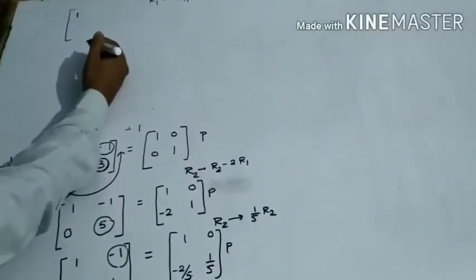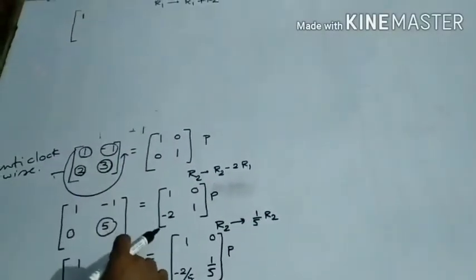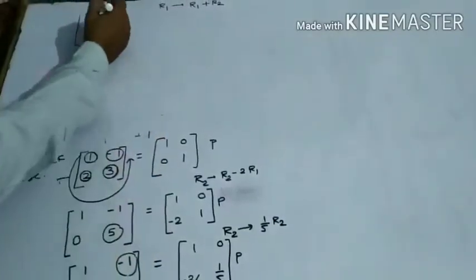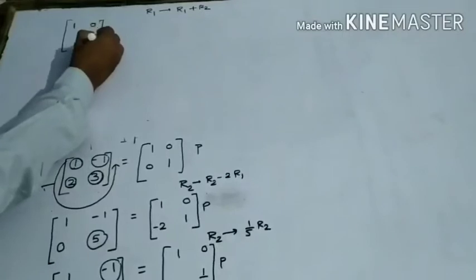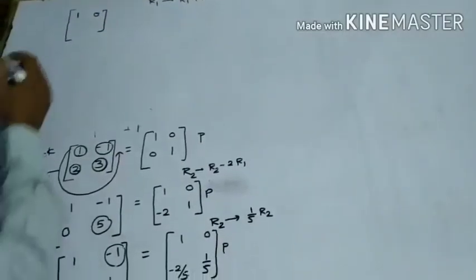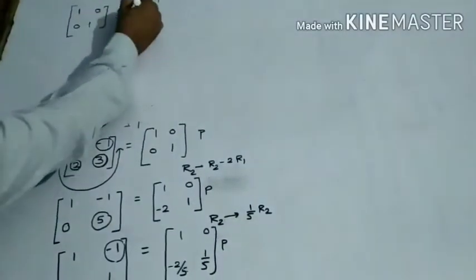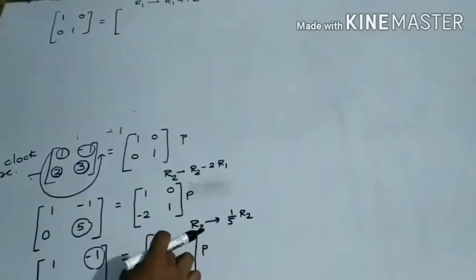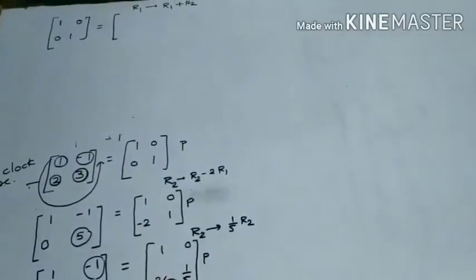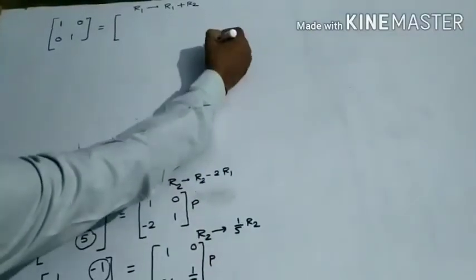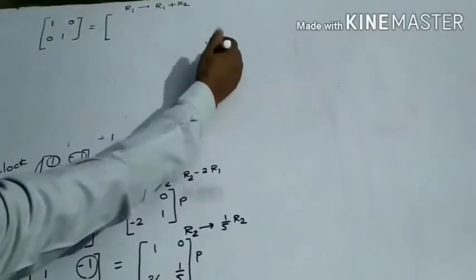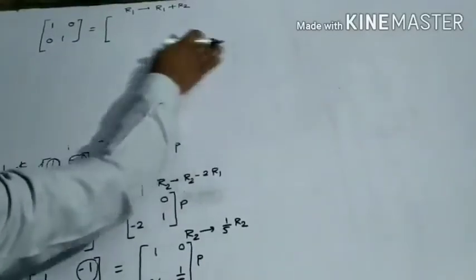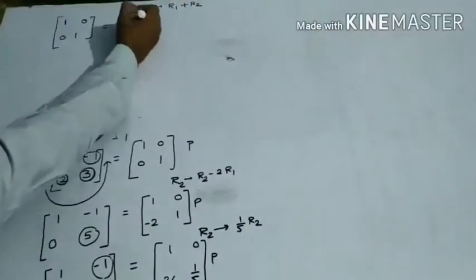And then in second, minus 1 plus 1, this becomes 0, and then this is the 0 and 1. This is equal to, in this side you have to see, 1 minus 2 by 5, this becomes 3 by 5, means here this is the 3 by 5.